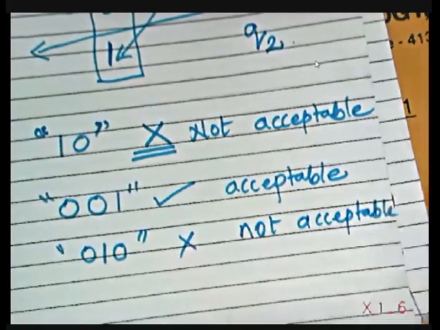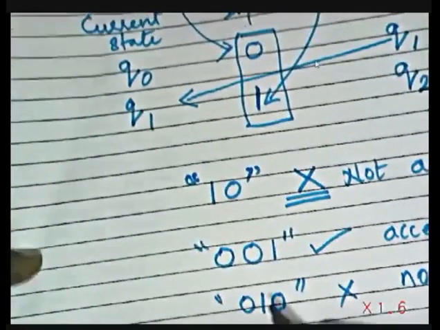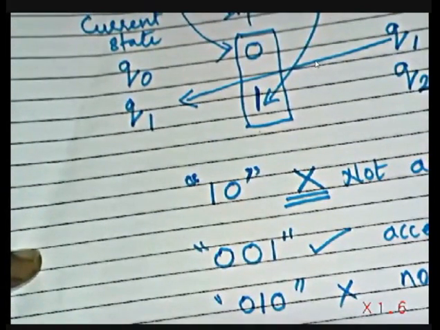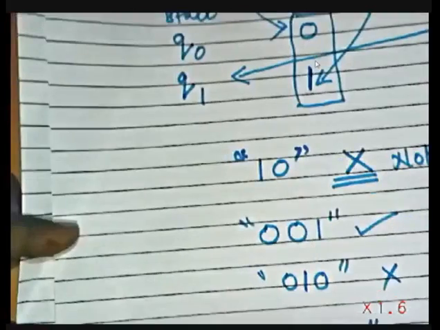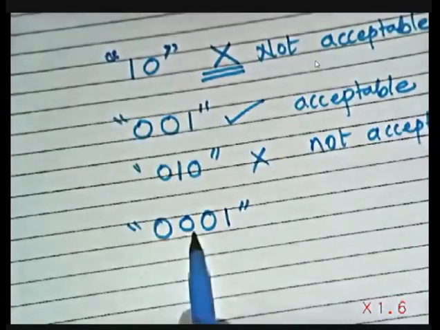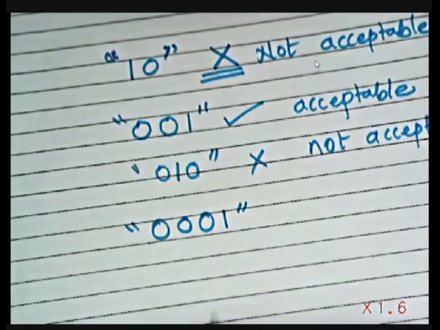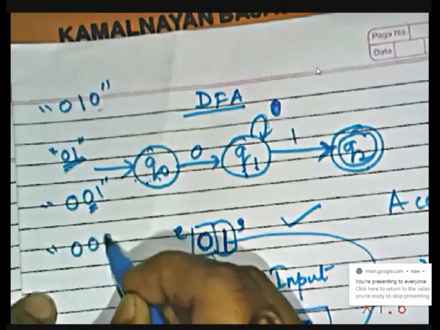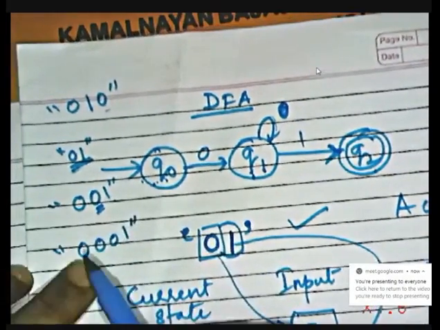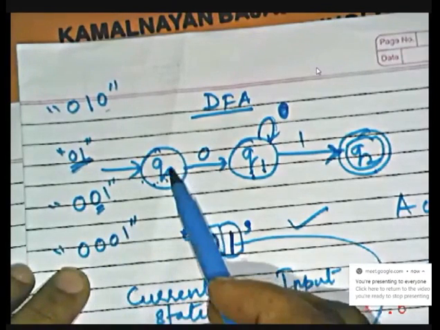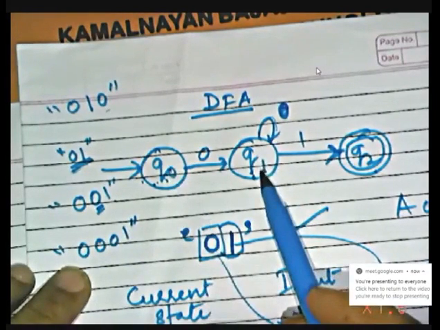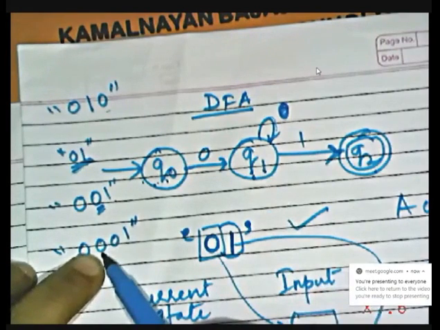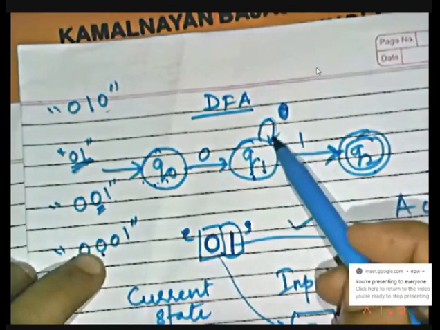Now one more question. If I give you the input as 0, 0, 0, 1, will it be acceptable? Once again, I am now writing here 0, 0, 0, 1. Right? So with this first 0 at Q0, it is moving to Q1. Then by reading the next 0 on Q1, it is remaining in Q1.